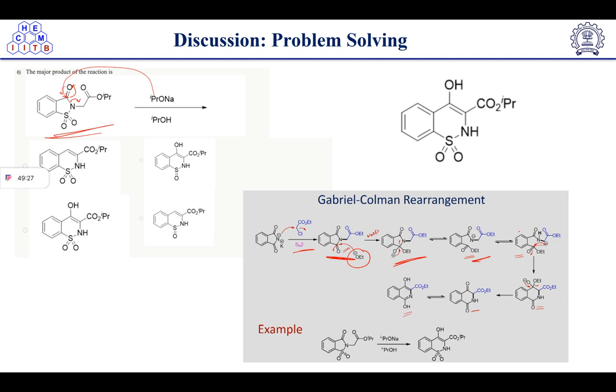After this one, the proton transfer will take place and it will form this nucleophilic species which will attack on the carbonyl center to form the 6 member cyclic ring. Okay.